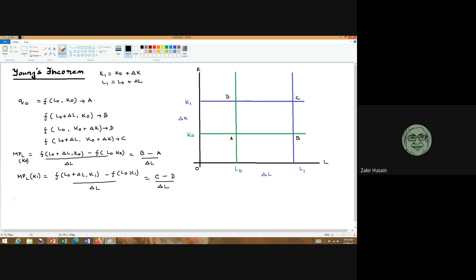Acha. Now, how does the marginal product of labor change when capital changes? This is simply this minus this. Right?